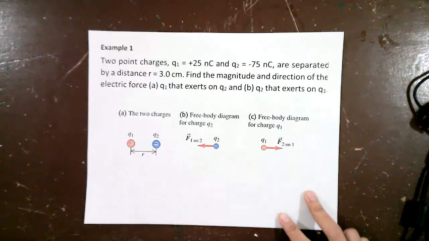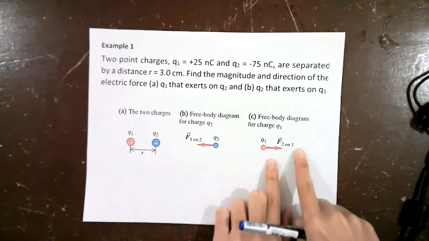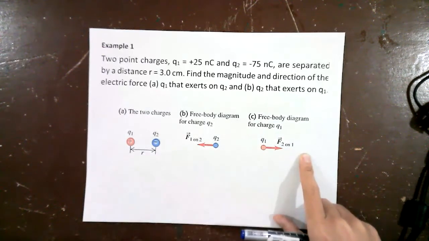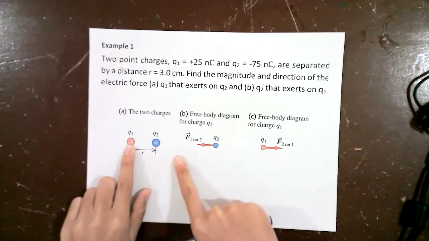And then for the force Q2 exerts on Q1, this is force 2 on 1. So kung ano yung attraction ni Q2 kay Q1, attracted si Q1 kay Q2, basically dapat lalapit siya kay Q2.